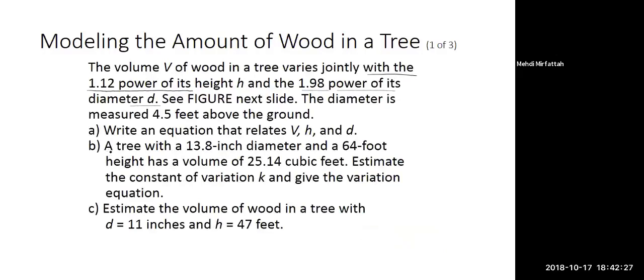They're giving you the values. It says a tree with 1.3 inch diameter and 64 feet height has a volume of that. So they're giving you these three values for the diameter, height, and volume at some instance, right?